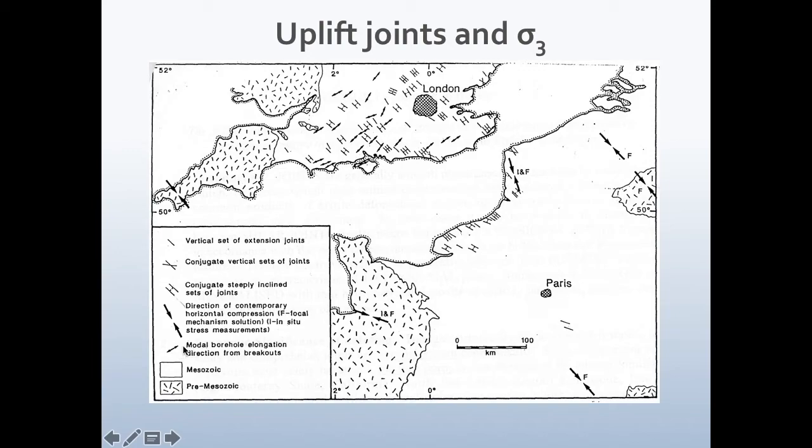And that gives us an idea of the stress directions that are currently being experienced. This is the elongation direction. You can see that these are perpendicular to the joints, and that's what we'd expect if the current stress environment is the same as the environment when the joints formed. That looks to be the case in southern England and continues on into France.